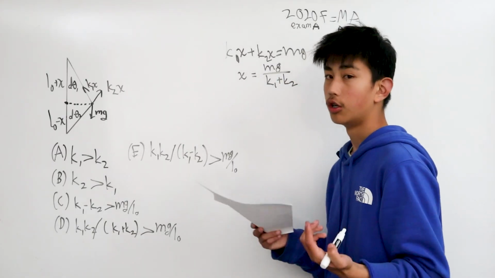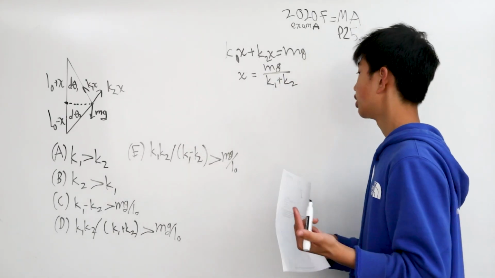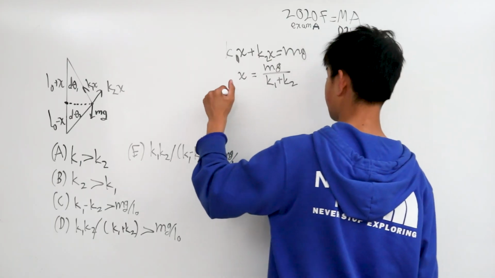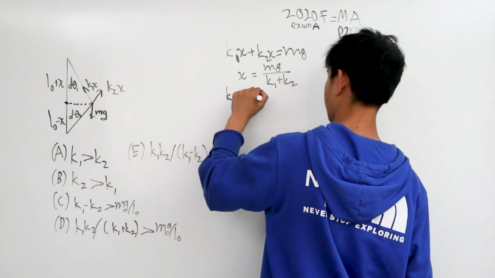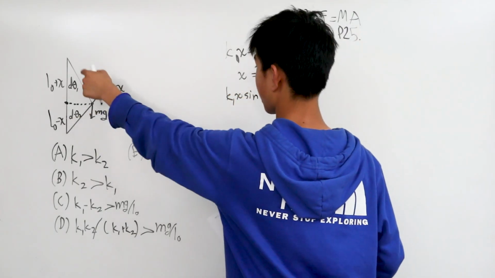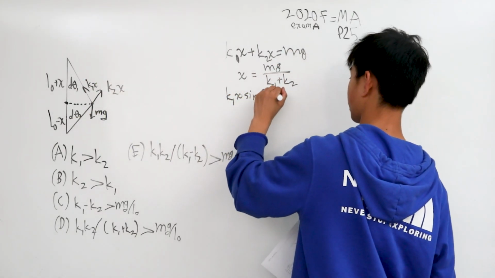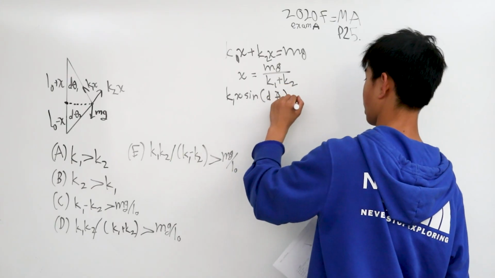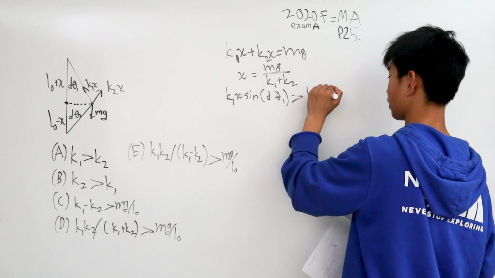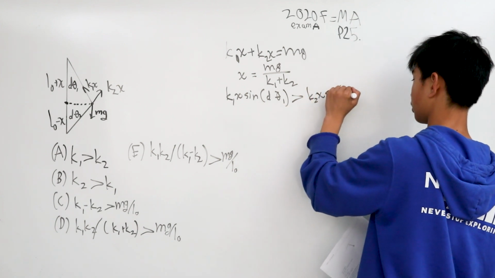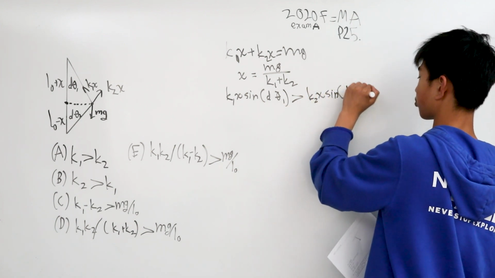Now for small horizontal perturbations, at this point it has to be such that K1 x sine of that angle right there, d theta 1, has to be greater than K2 x sine d theta 2.